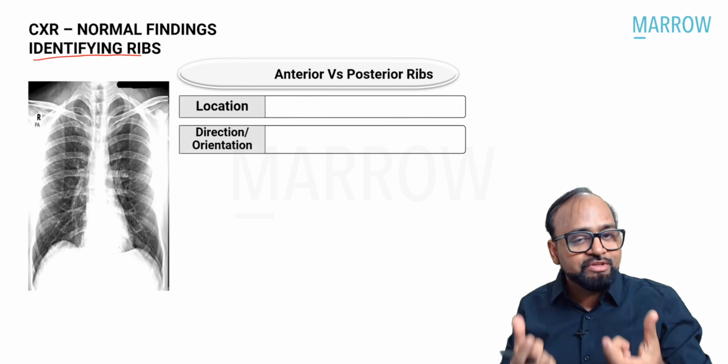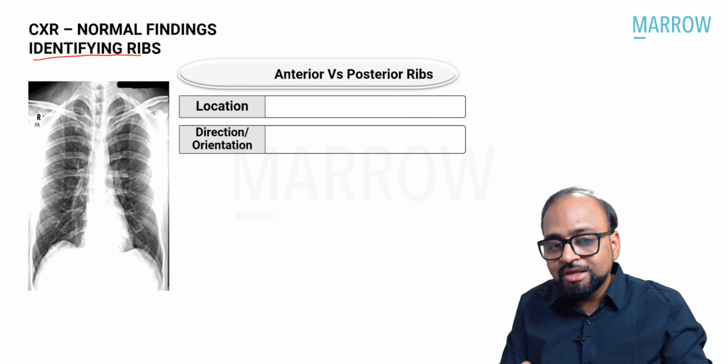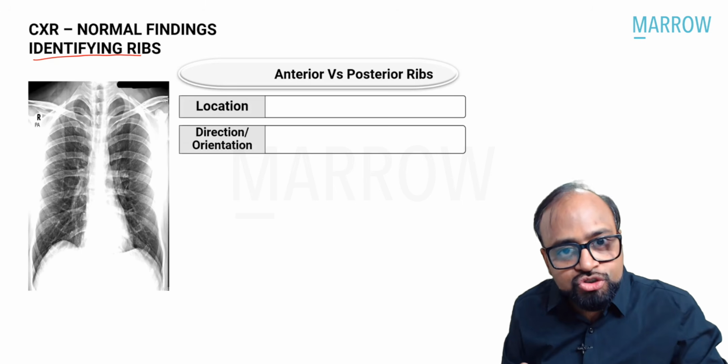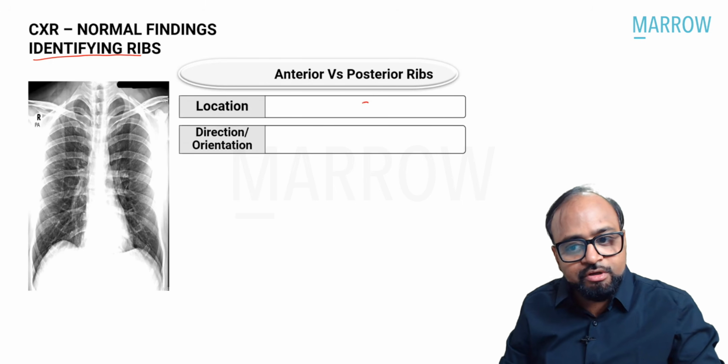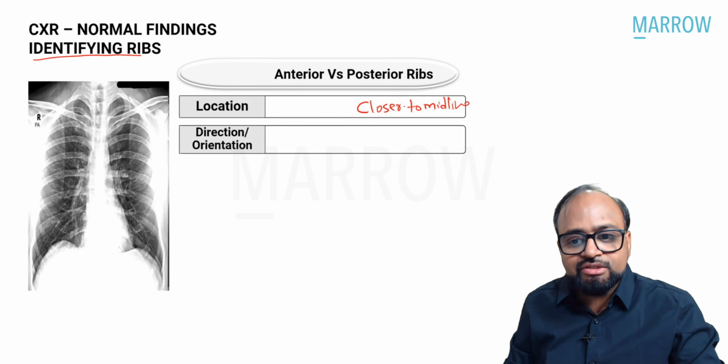There is a gap between the anterior end of the rib and the sternum, and this gap is bridged by the costal cartilage. So posterior ends of ribs, remember, are always closer to the midline, whereas anterior ends of ribs are always away from the midline.